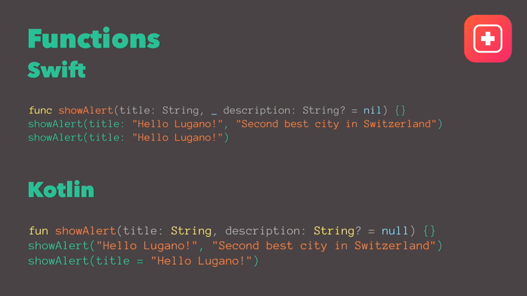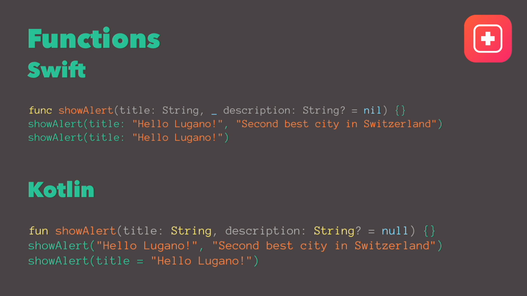And then, as you can see, I also use the underscore, so you don't have to name the description parameter. So the first line, show alert, title, hello, Lugano, and then second best city in Switzerland. You can see that I use the title argument, but I don't use description thanks to this underscore. And then I can also not use the description as it has a default value.